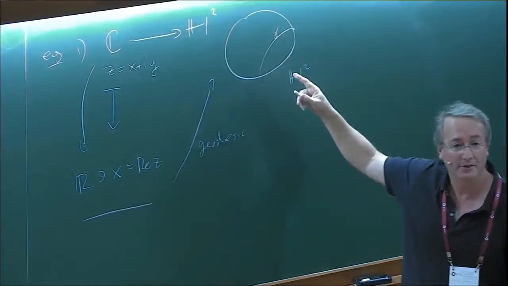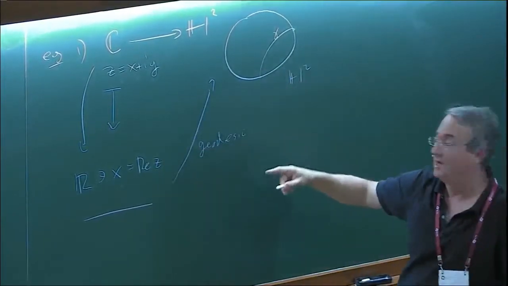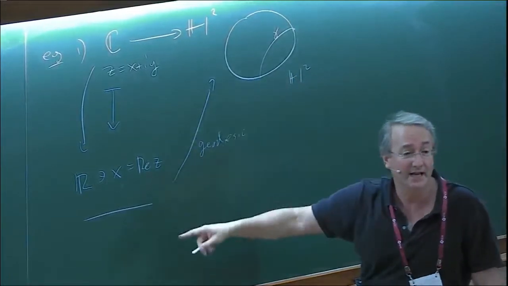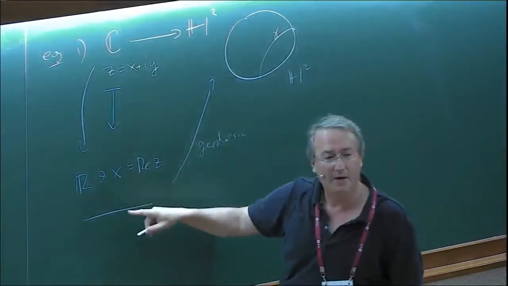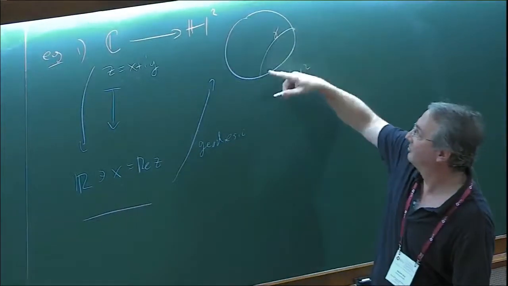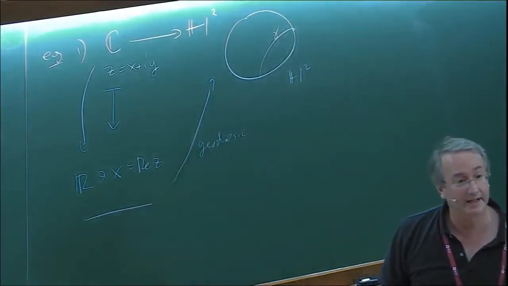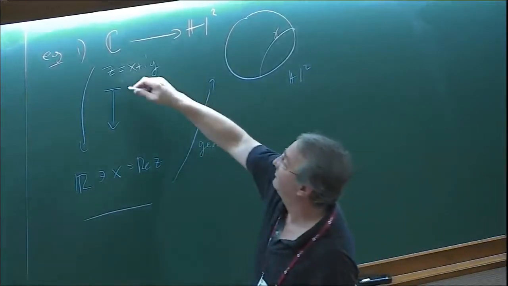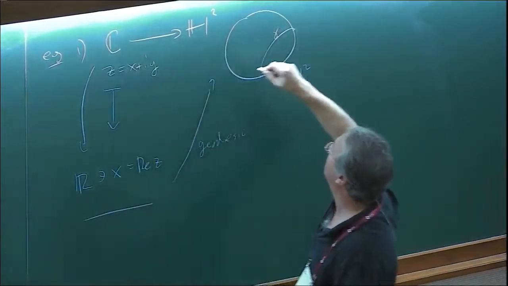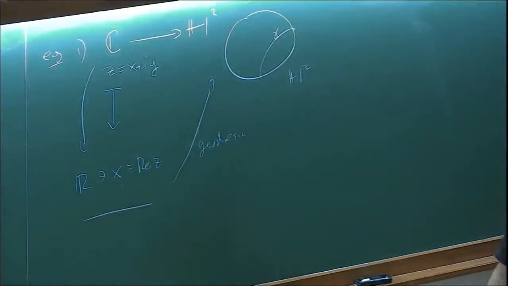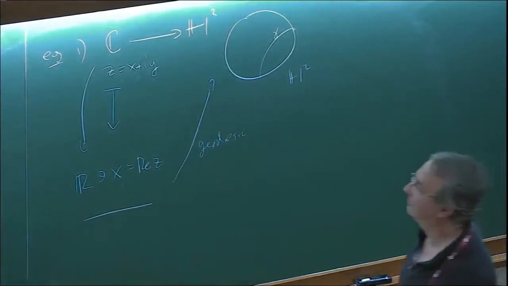Isometries should preserve harmonicity, and they do, because the metric is the same. So if this is harmonic with respect to this metric, and this pullback metric is the same as that metric, then the composition should be harmonic, and it is. So the map of the complex plane to a geodesic is clearly harmonic.